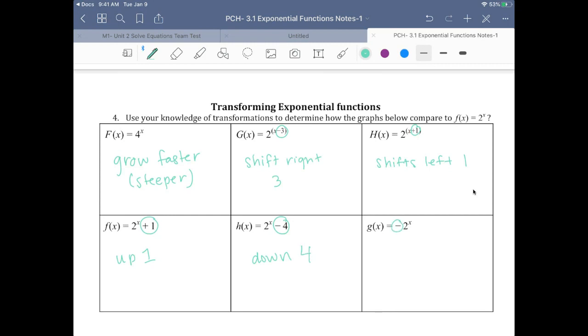What if the negative is on the outside? Well, that's going to vertically reflect the graph. So instead of 2 to the x like that, we will have negative 2 to the x like that.